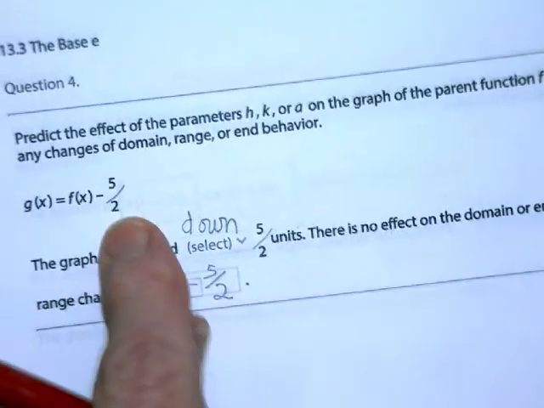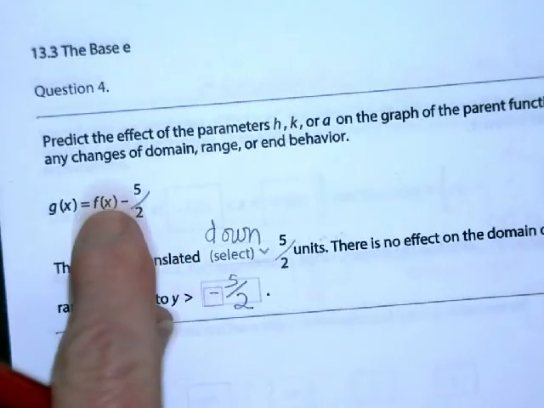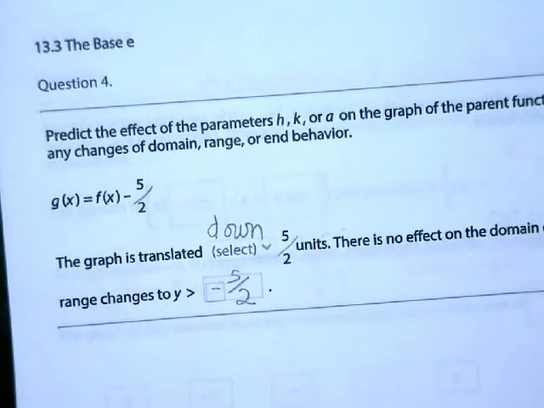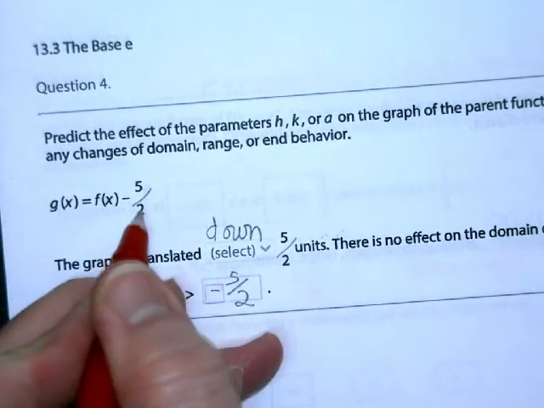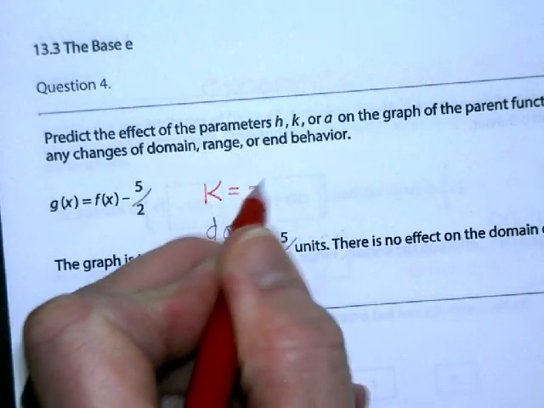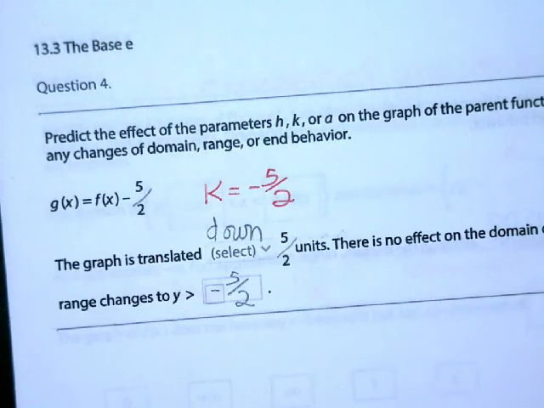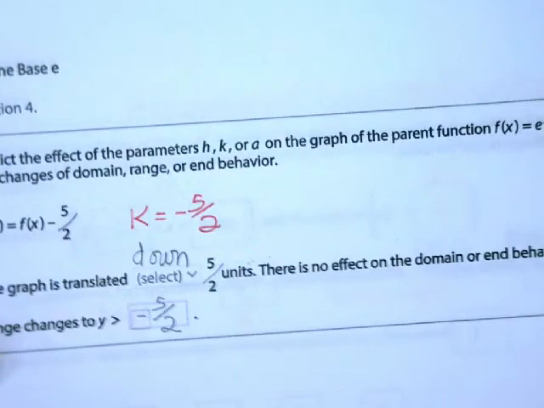Now there we messed with the x. That's how we knew it was h. Let's look at number 4. Here they're messing with, technically that's the y, right? So that's how we knew this is k.